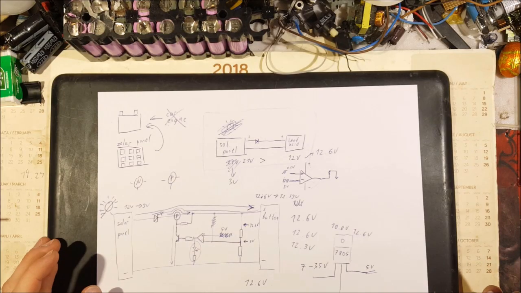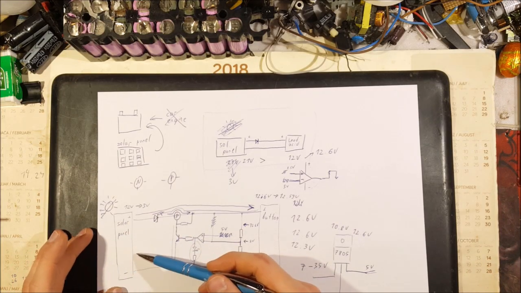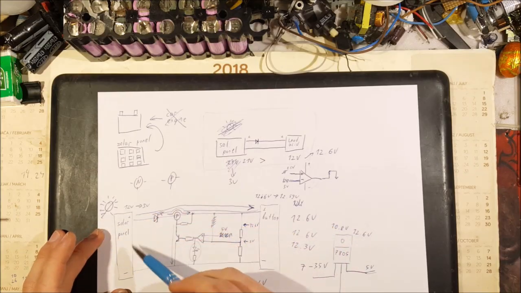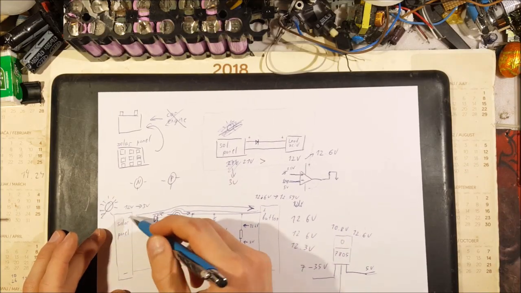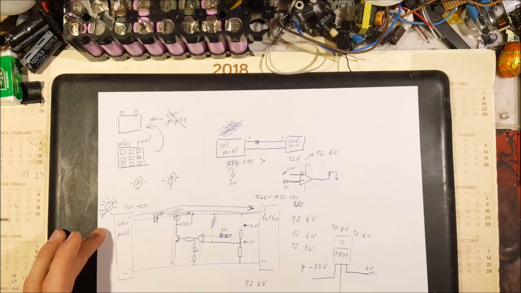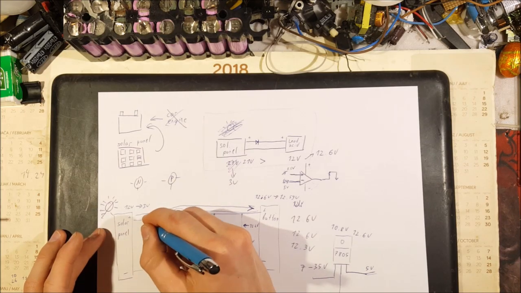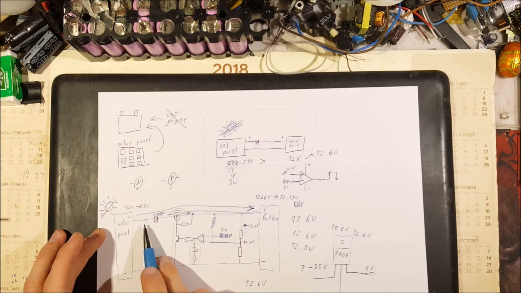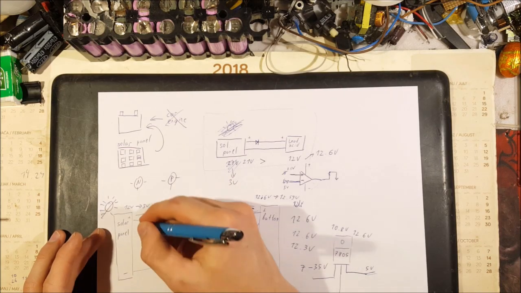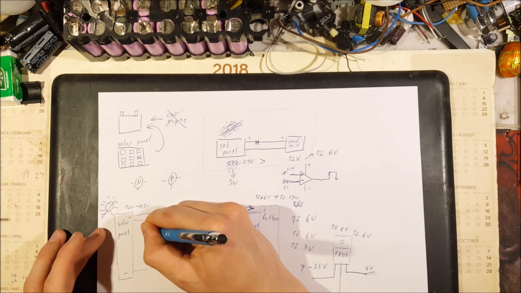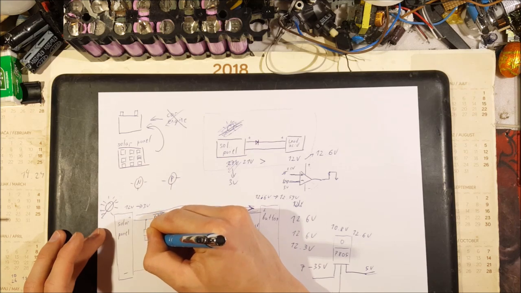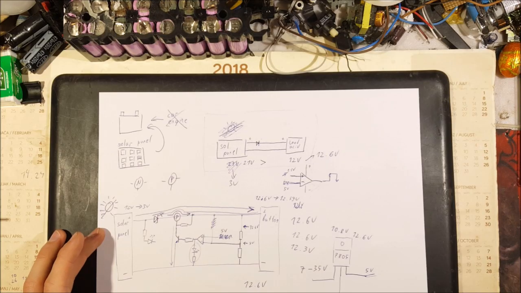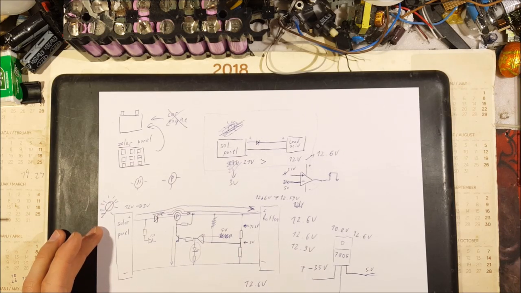So charging is only happening when the voltage across the solar panel is at 12 volts, meaning that we can use this pin right here as the positive input to our indicator diode.